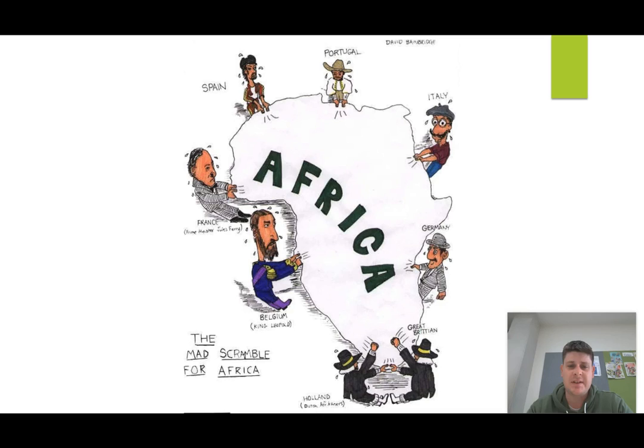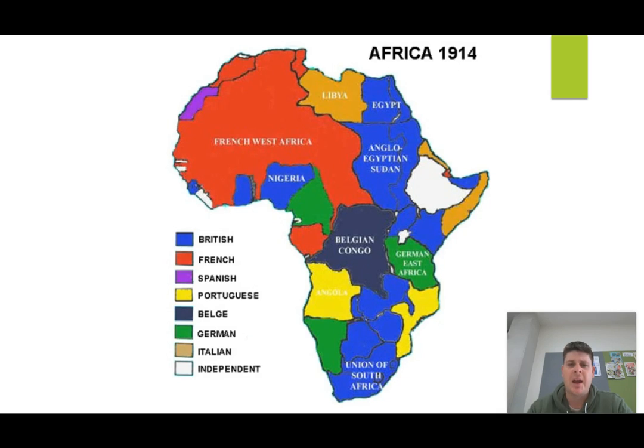We have many countries, not just Britain, but Belgium, France, Germany, Holland, Italy, Portugal, and Spain, each searching for a different part of Africa. As you can see in this image, each of those countries has different areas that they have colonized within Africa. So even though there were people there before and nations that had existed for a long, long time, we have these countries coming in and trying to claim parts of Africa prior to World War I.